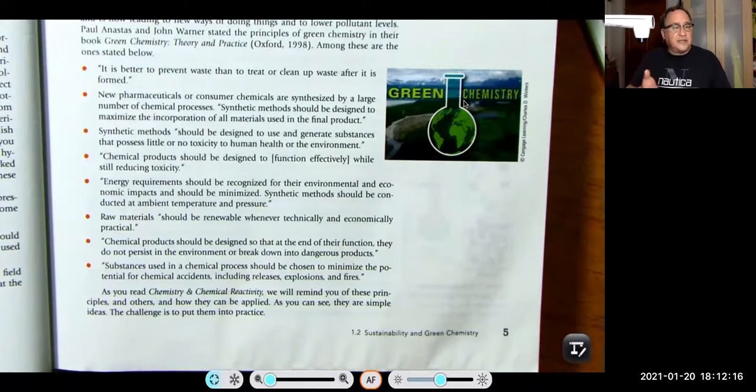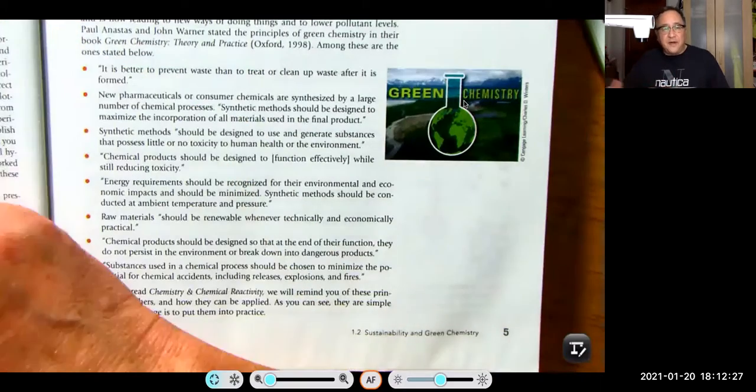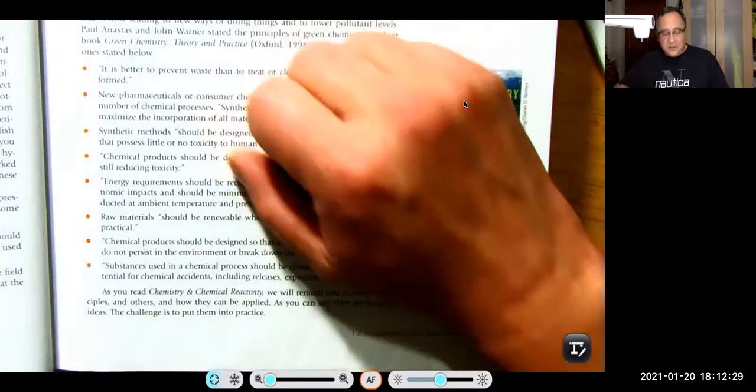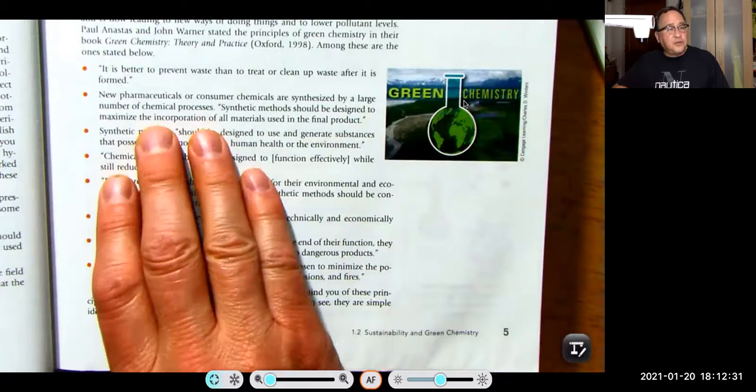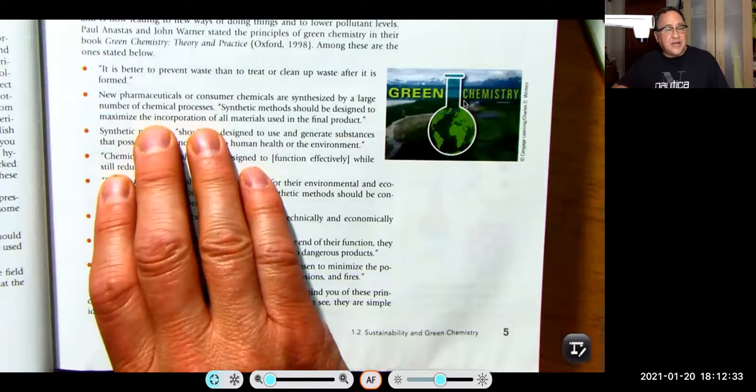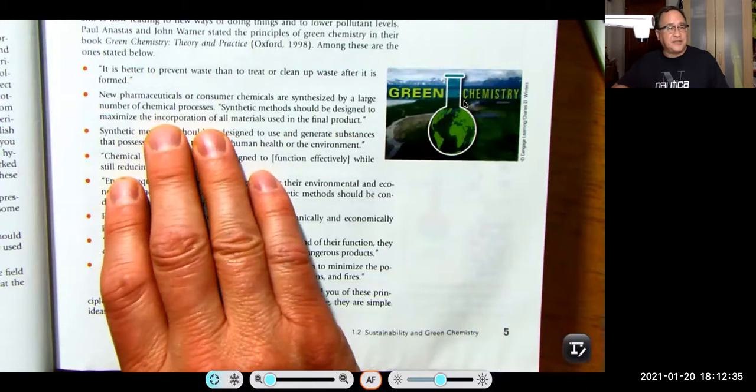So let's take a look at these one by one. It is better to prevent waste than to treat or clean up waste after it is formed. If you wanted to, you could summarize this in 2 words: prevent waste. The second one, new pharmaceuticals or consumer chemicals are synthesized by a large number of chemical processes.